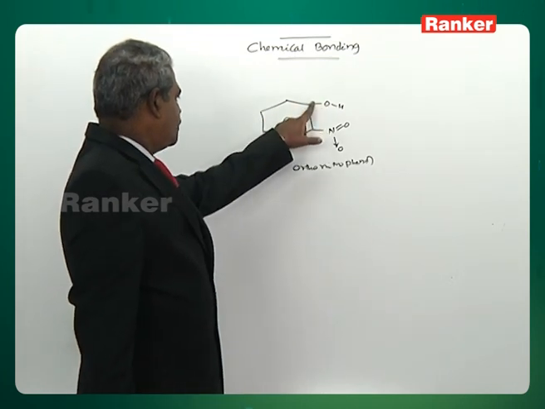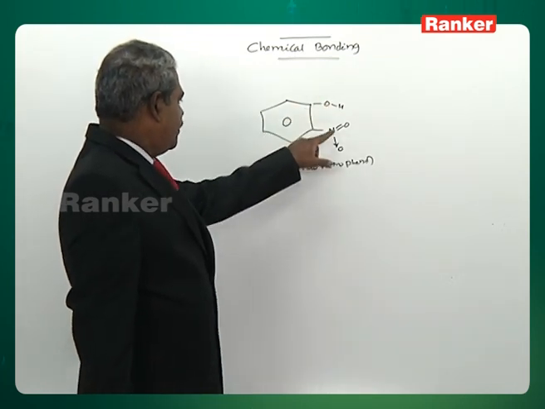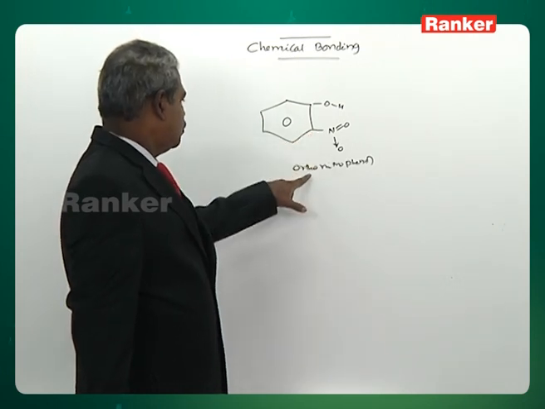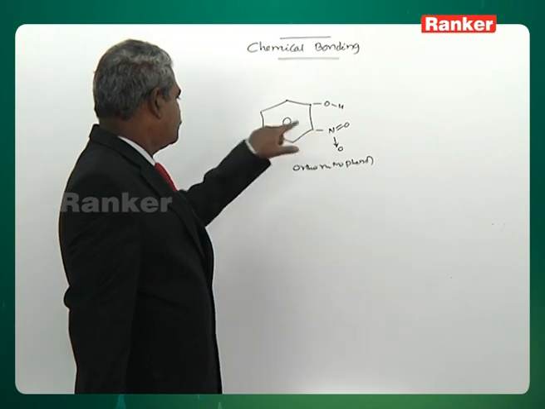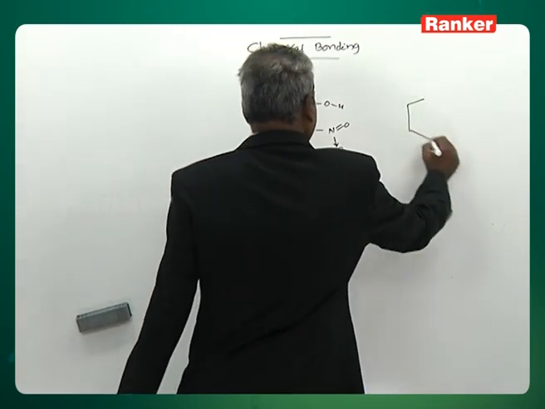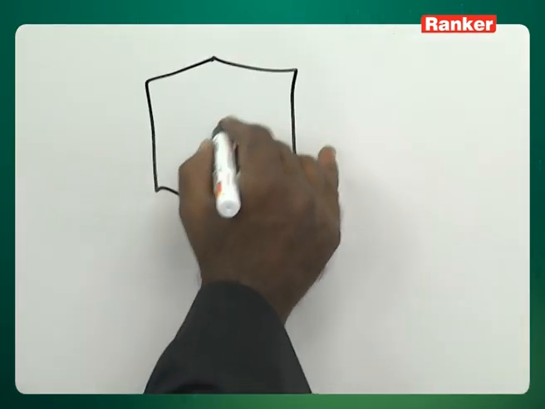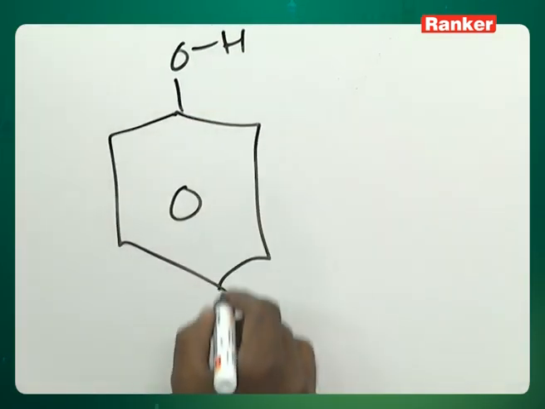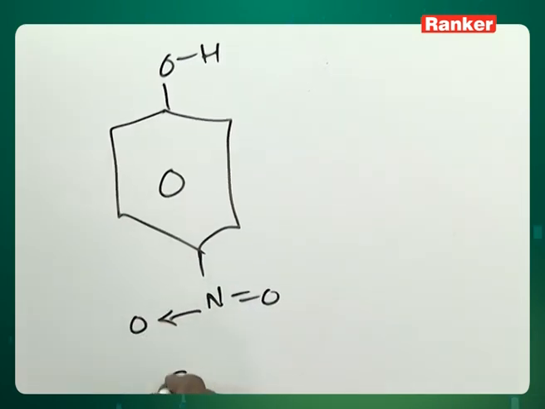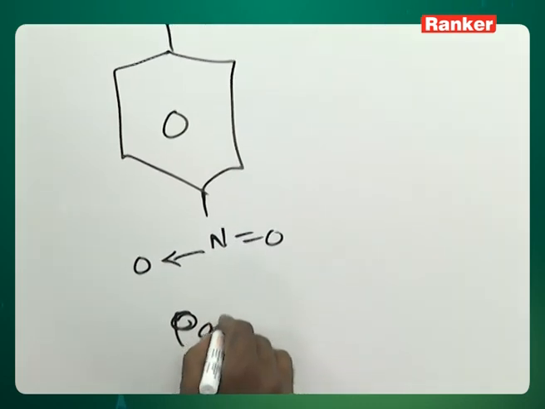If you have an OH on benzene, it is called phenol, and you have NO2 next to OH, it is called orthonitrophenol. And paranitrophenol, the same phenol, but the NO2 is in the para position, opposite to it.